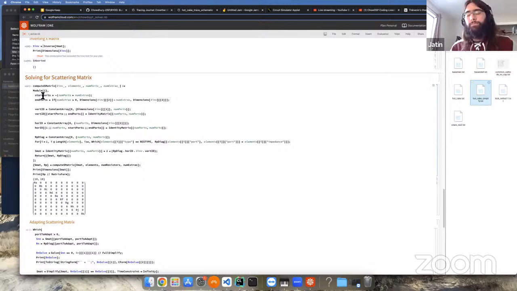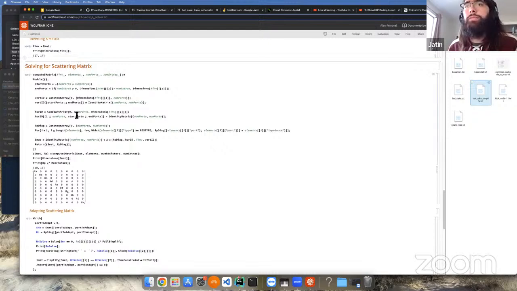Let's see if we can get the right dimensions just doing it that way. So I'm going to get rid of the inverse for now, which is stupid, but whatever. We can bring that back later. Again, comments would be helpful, but I guess that's just not the Mathematica way.